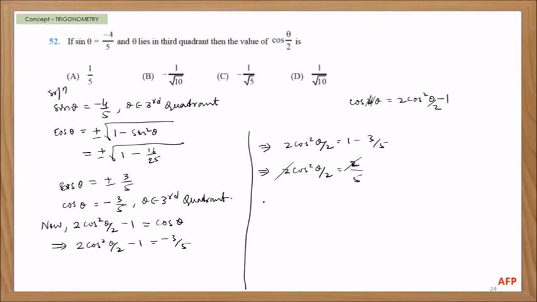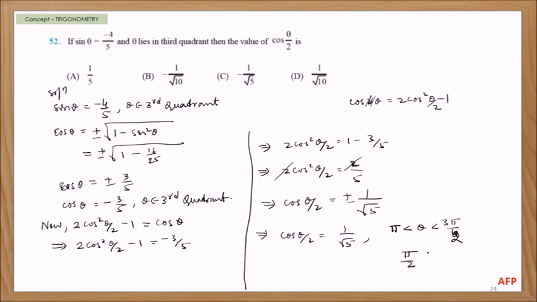So 2 will get cancelled, and on the opposite side putting plus or minus root 5. Okay, theta by 2, so this implies cos theta by 2 is equal to 1 by root 5, whether it is positive or negative we'll check. So 180 less than theta less than 270. Dividing by 2, 90 less than theta by 2 less than 135. Okay, so this is in the second quadrant.